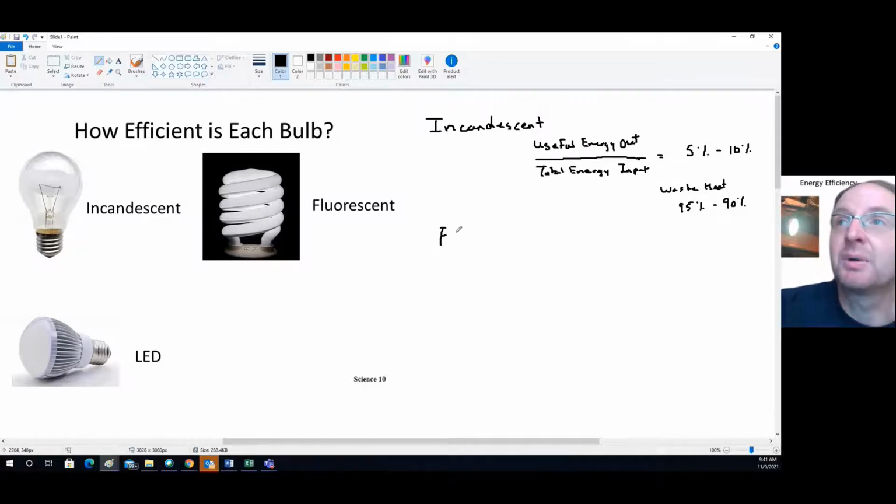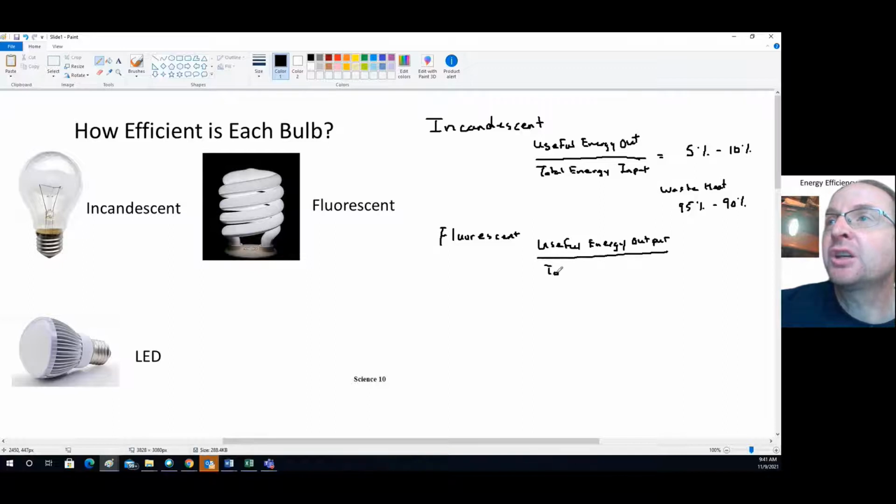Fluorescent is a lot better compared to that, but still not the best. We'll see the best one in a moment. Write this out with me, fluorescent light bulbs. Again, your useful energy output is really what you're interested in. It's a light bulb, so we want light energy coming out.